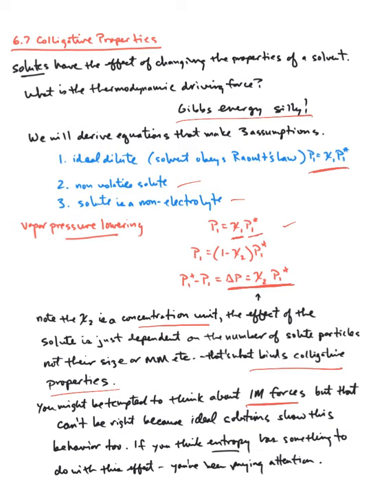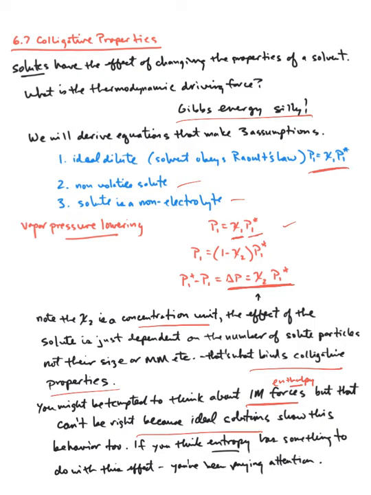But of course that can't be right. It can't be right because even ideal solutions show vapor pressure lowering. Remember what the definition is? It's that the intermolecular forces of the solute and solvent are basically the same as the average of the individual intermolecular forces. So it can't be really an enthalpy argument.